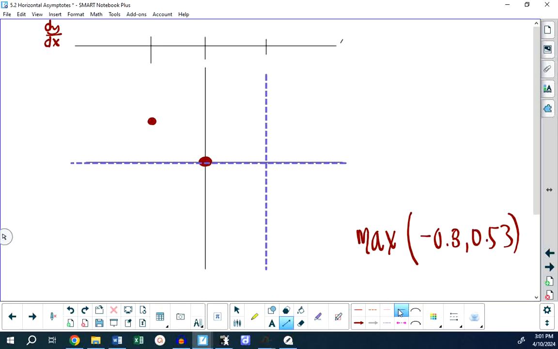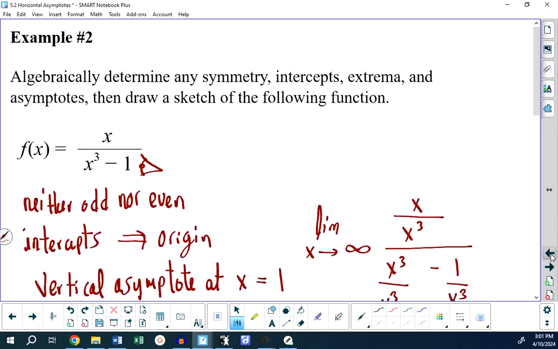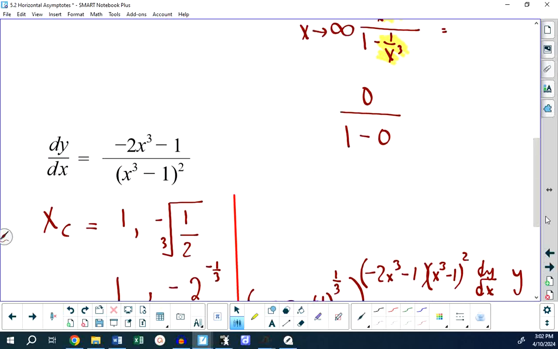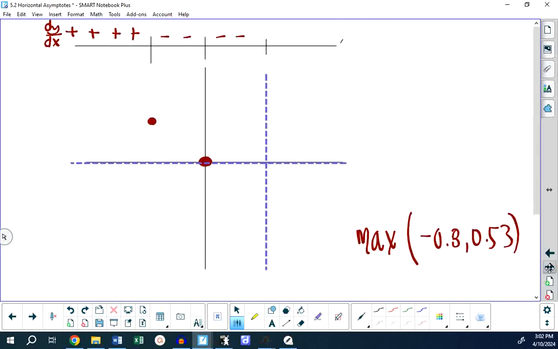And I believe, I got to look at this now. So we did not have a critical value of x at 0, right?